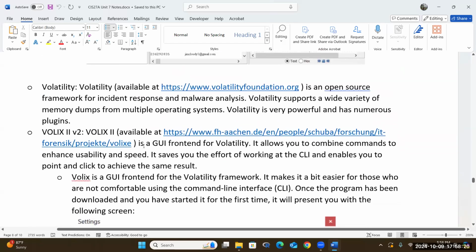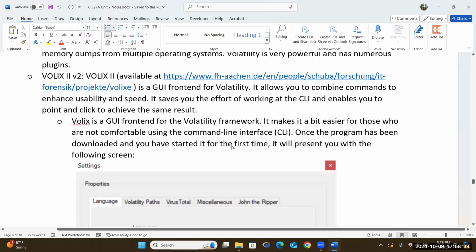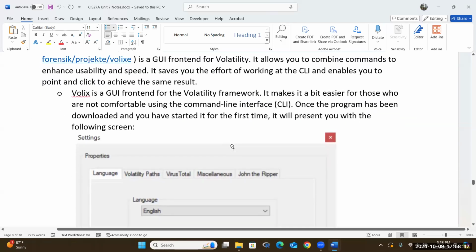Volix, so you can go and find information about Volix. If you're using Volatility in Linux, there's no GUI, right? That's just a command line based tool. You can download the one with the graphical user interface for it, and then just check the requirements.